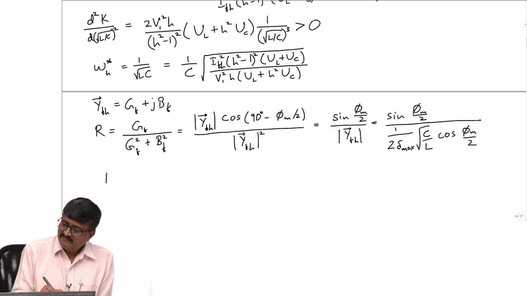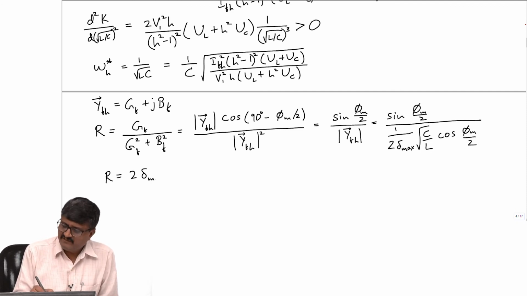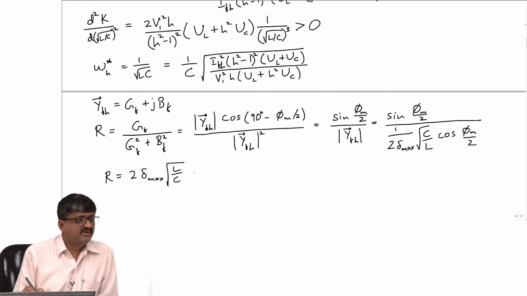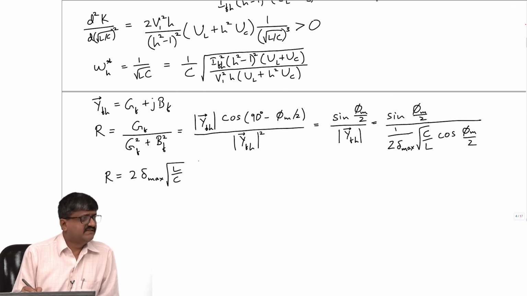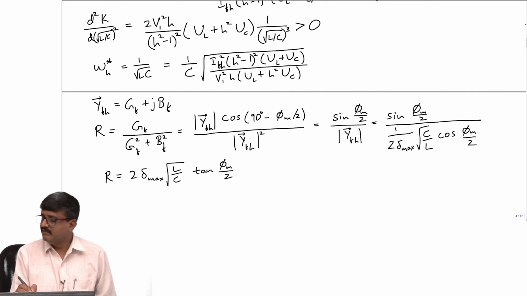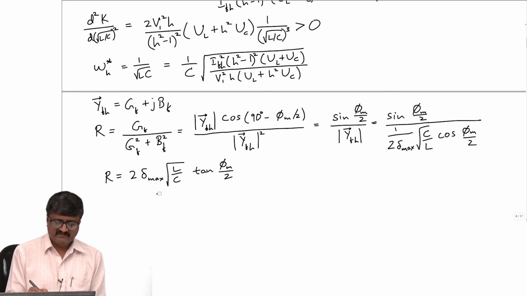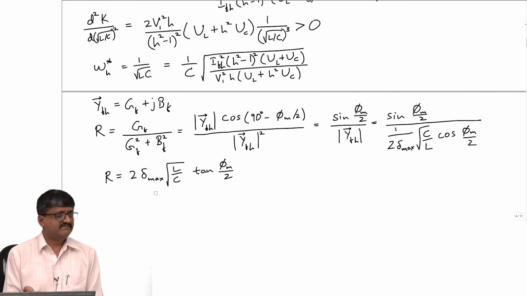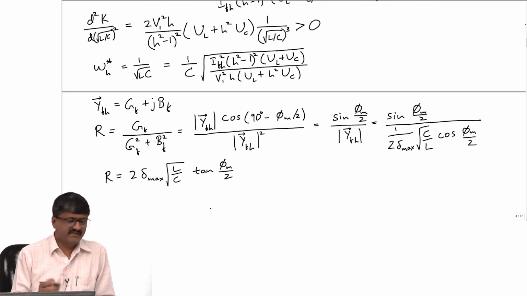So finally, I get the expression for R as 2 delta max, after simplification, into root L by C into tan phi m by 2. So I know all these quantities. Delta max is known, it is the worst value of delta. I just now found L and C, and phi m is given. So from that I get R.